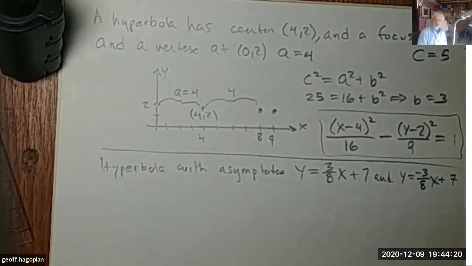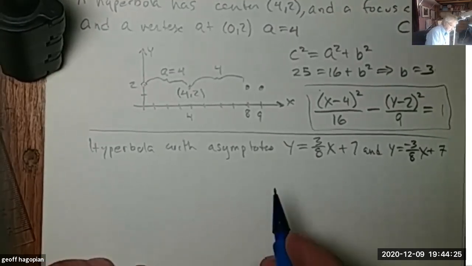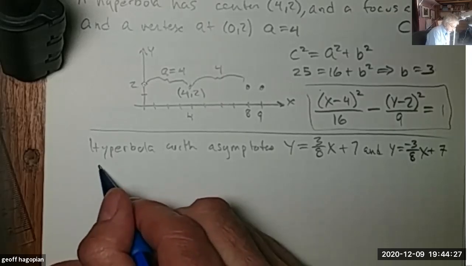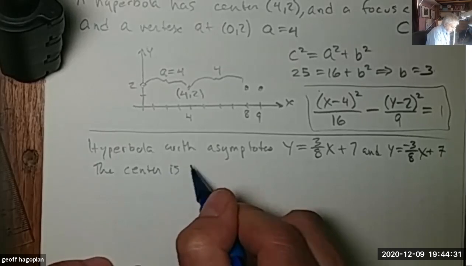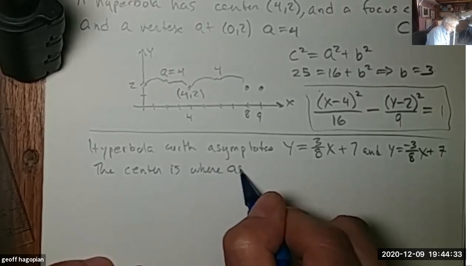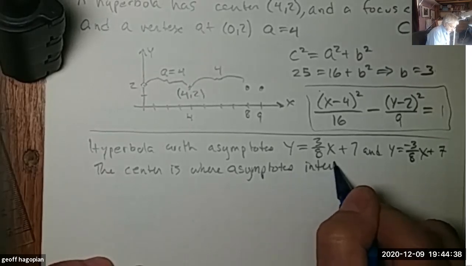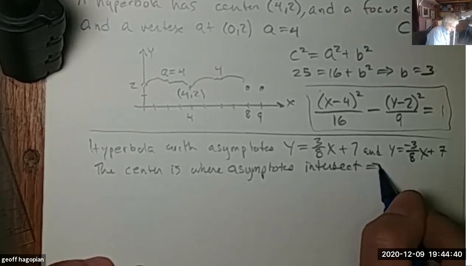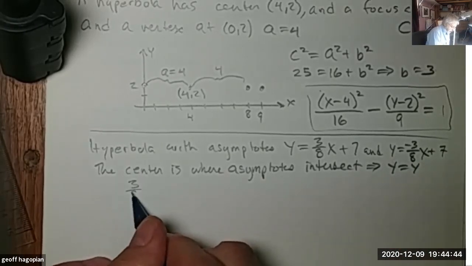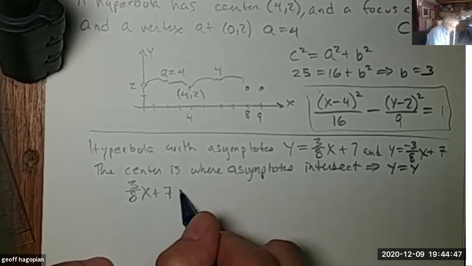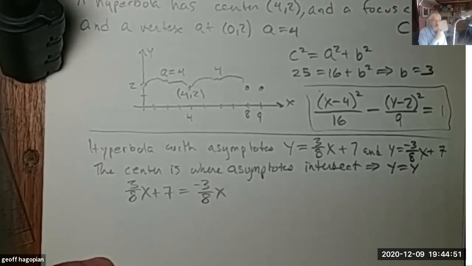So the point of intersection of the asymptotes is the center, right? So we have to solve that system. The center is where asymptotes intersect, which implies that y equals y on these asymptotes, which says that 3/8 x plus 7 is negative 3/8 x also plus 7. They're both plus 7, huh?